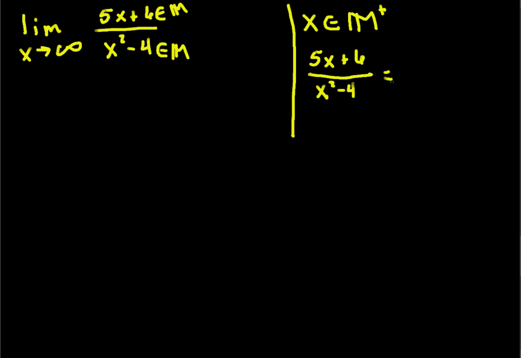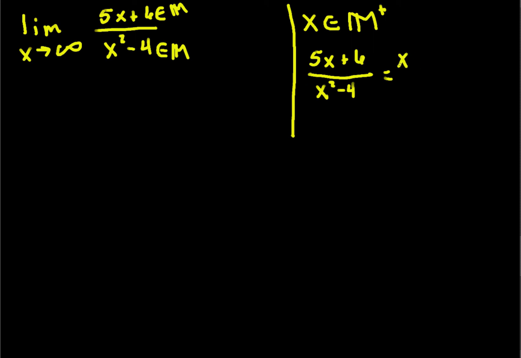And if you recall, to determine what this indeterminate form is, when we had infinite over infinite, we factored out the largest power of x. In this case, it's x squared. That was our standard method. So let's factor out an x squared.